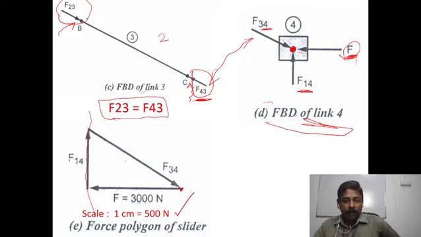Then from the starting point we draw the third force, F34, also extending it on both sides. These two forces will meet at one point. Now we complete this polygon by connecting this, omitting all the other lines.